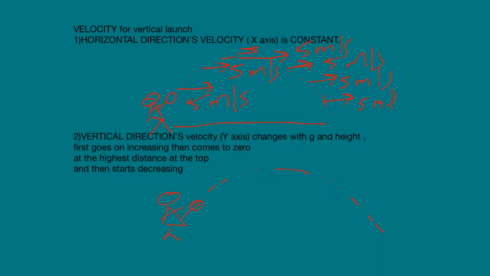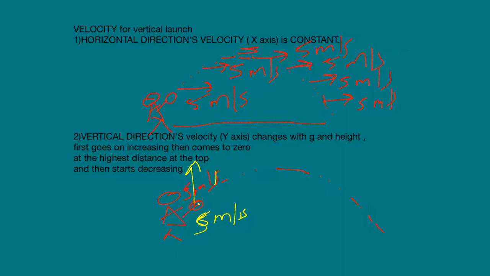Suppose the initial velocity is 5 meters per second along the y-axis, that is being thrown. So this is the y-axis, and at this point the velocity will be 5 meters per second.